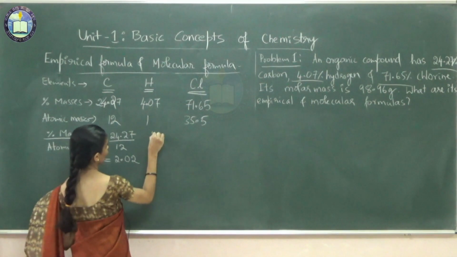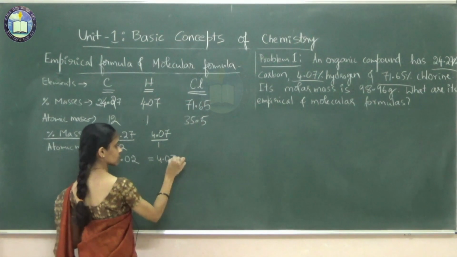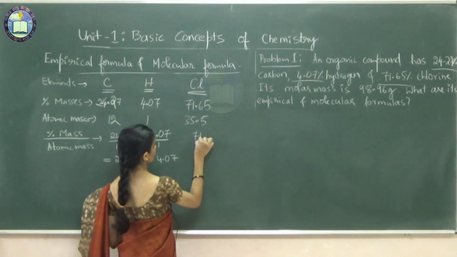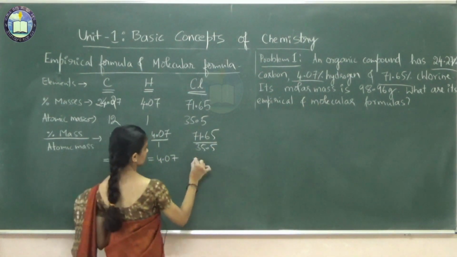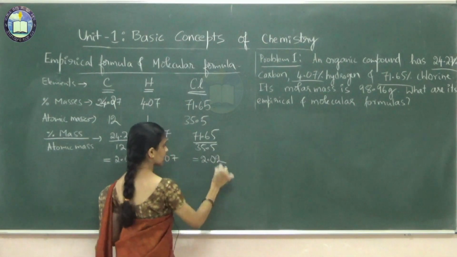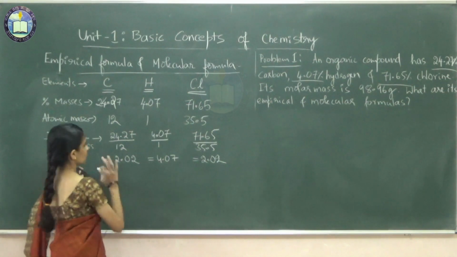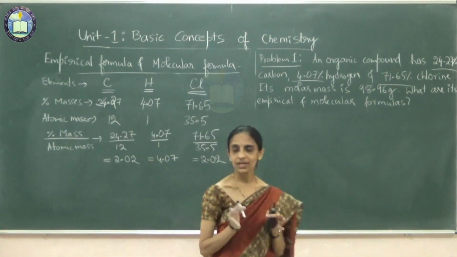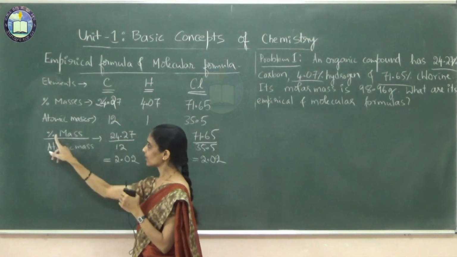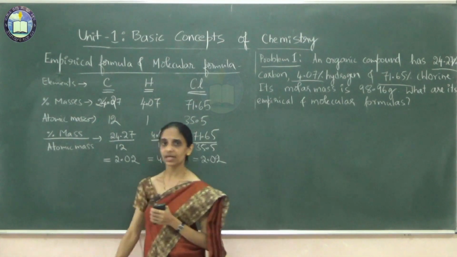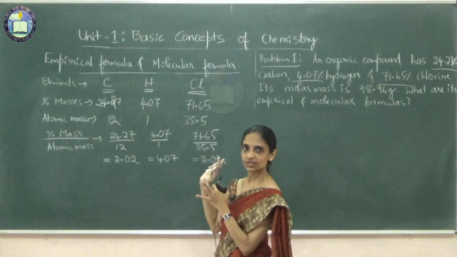Then 4.07 divided by 1, nothing but 4.07. 71.65 divided by 35.5 also comes out to be around 2.02. So this is the third step. You have to find out new numbers by dividing percentage mass by atomic mass. Okay, so these are your new numbers.